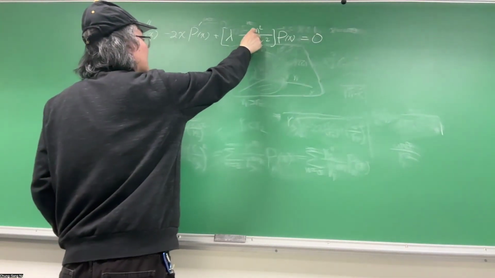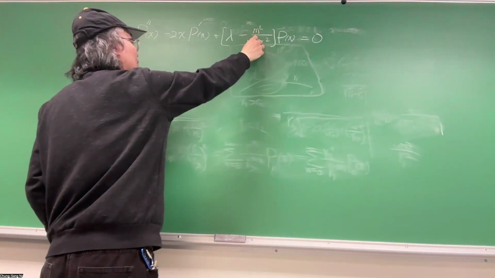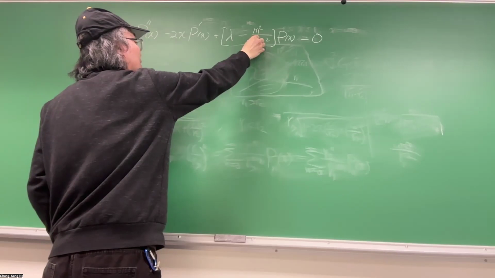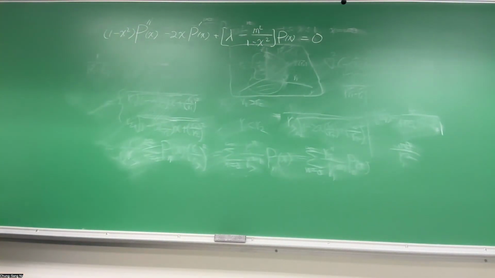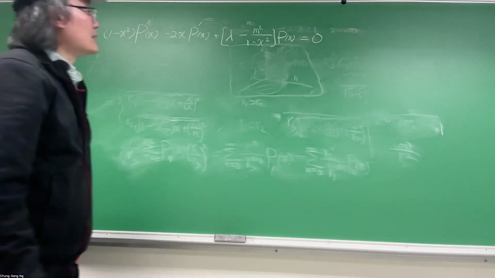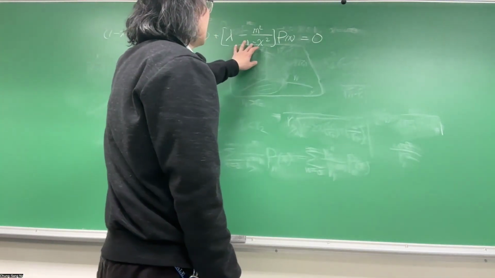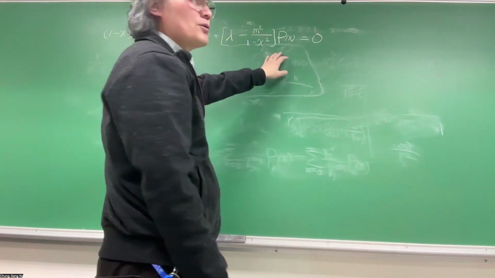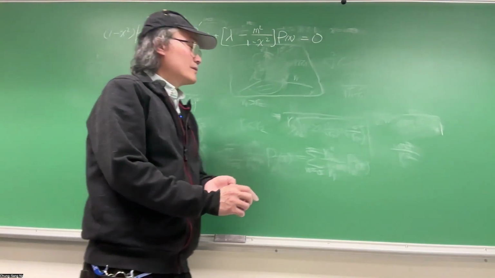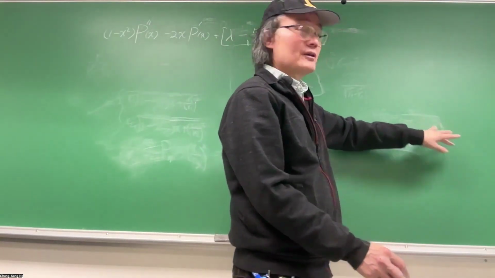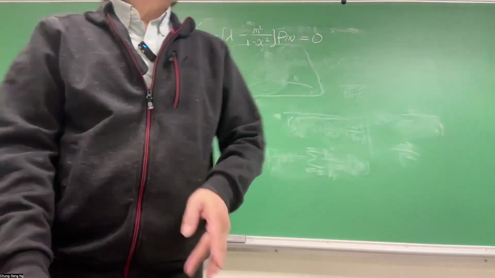Now adding this term for non-zero m, the complication is this one over 1 minus x squared factor here, so that makes the solution more complicated, and in particular, the solution will no longer be a simple power series or polynomial.